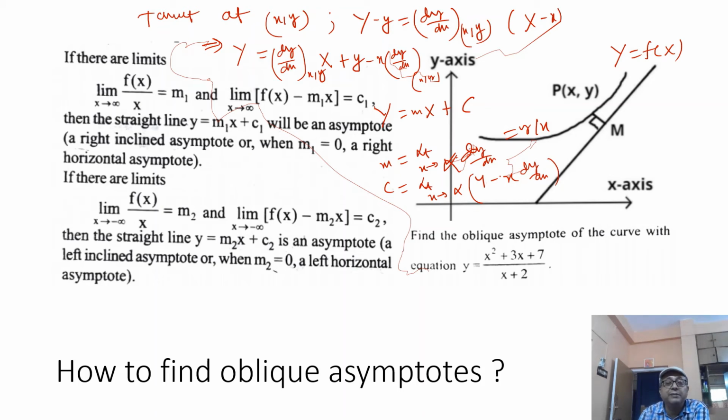So the limit may be as x tends to infinity or minus infinity; the value of f(x)/x or dy/dx will give you the value of m1 or m2, and based on that we calculate the limit of f(x) - m1x by putting this value in. If it gives c1, then y = m1x + c1 will be the asymptote, and if it gives c2, y = m2x + c2 is the other asymptote.